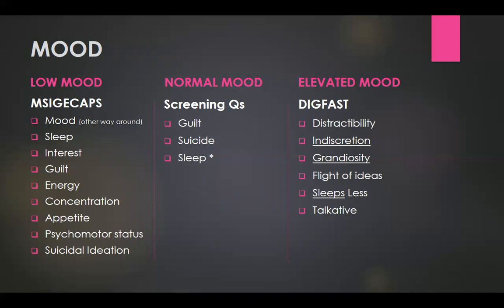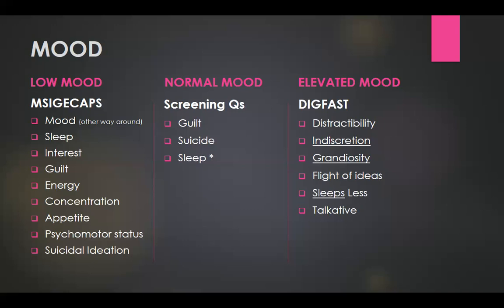It's mood, sleep, interest, guilt, energy, concentration, appetite, psychomotor status, and suicidal ideation. So it's really important to proceed with this mnemonic and ask these questions. For a person with low mood, we do not just say, okay, I'm sorry that you have been feeling terrible, and proceed with the rest of our history. We have to see whether they fit the criteria of depression. That's the whole point of asking the MCD CAPS.